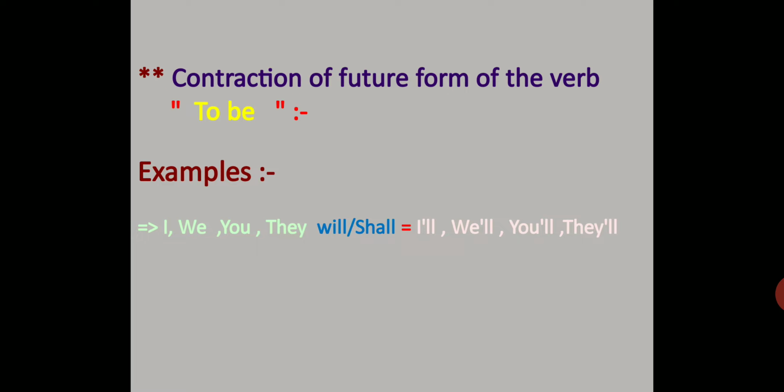Whenever we use shall, we remove the first two letters of shall. So the contraction form will be the same as will. So it will be I apostrophe double L. Yes. Now, he, she, it.